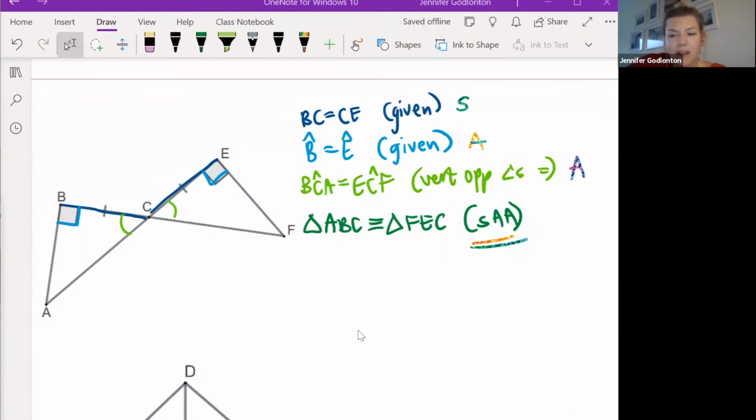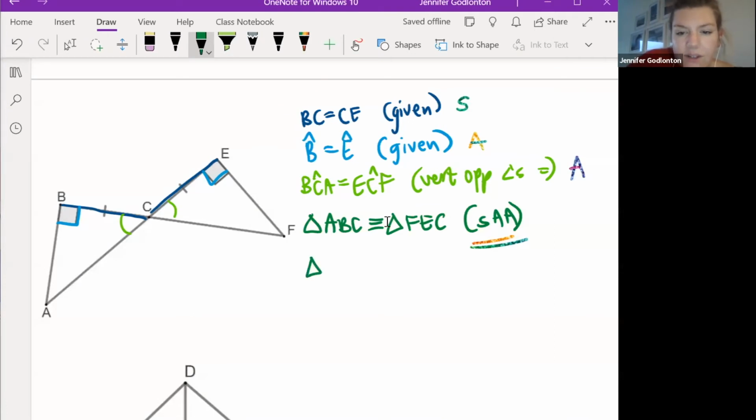That's totally fine. So whenever you're talking about a line, those letters can always go between each other. Okay, ma'am. And then when you do the last step, you have to go in the order in which you name the first triangle. So you could have written it in any way.